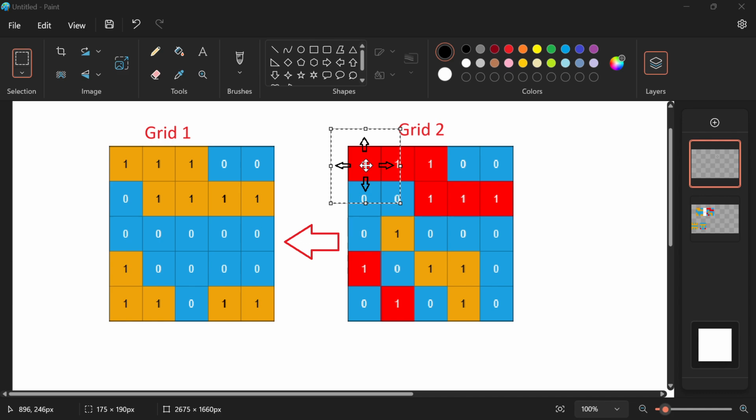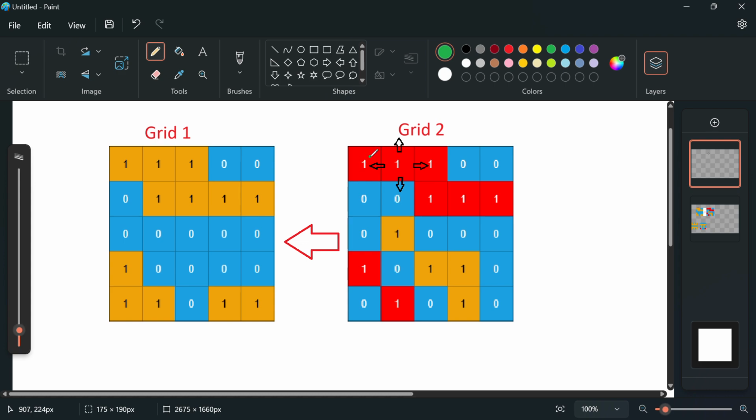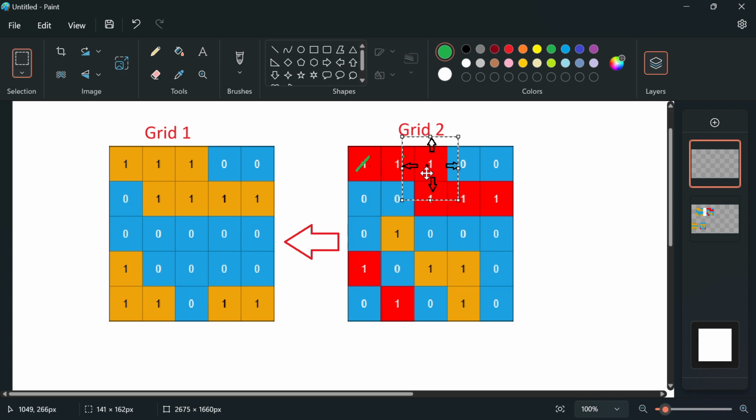We have an unvisited one on the right side, so we go to the right side, and the previous one should be marked as visited. Now check if there is any unvisited one in all four directions. We have one again on the right side, so we go right and mark the previous one as visited.